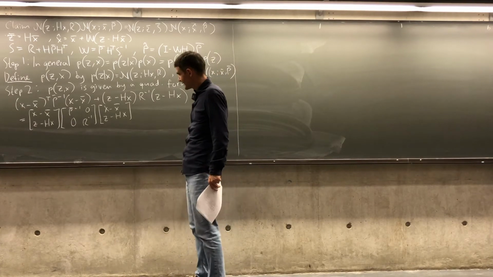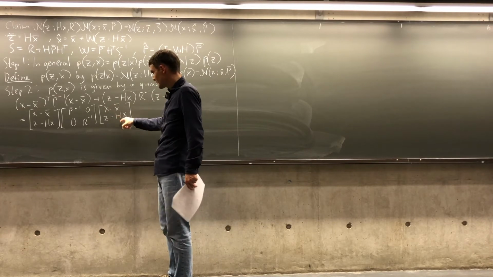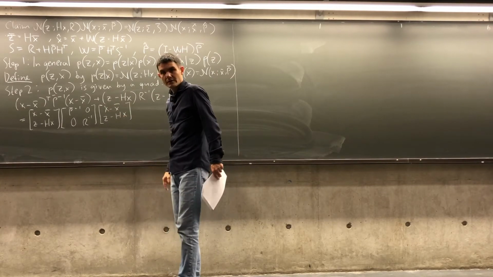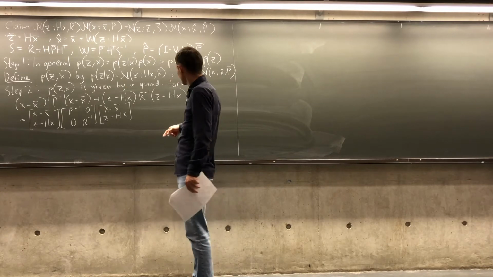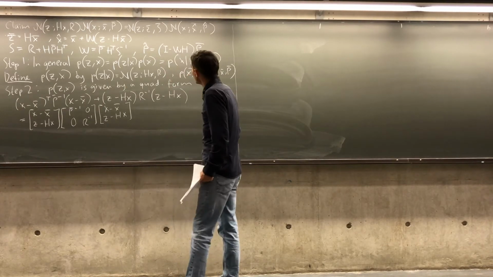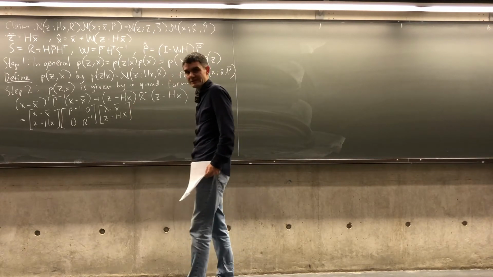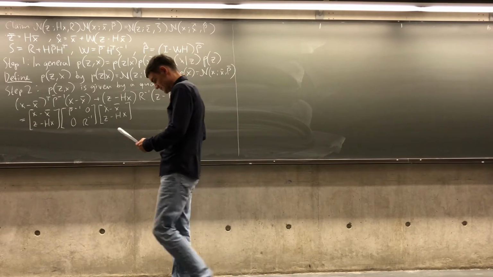But I'm not yet satisfied, because I still have x in both slots. I would want to get x in only one of these slots, and then I need to do some manipulations.